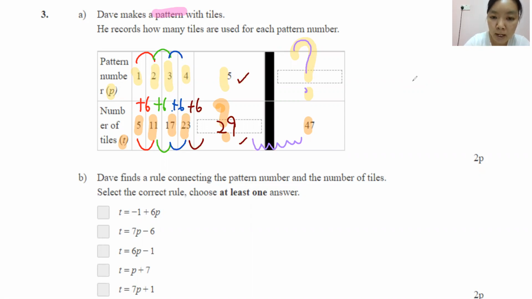Let's fill in the blank. I add 6, that will turn to 35. That's once. I add 6, second round, it will give me 41. I add the third round. Ta-da! It will give me 47.